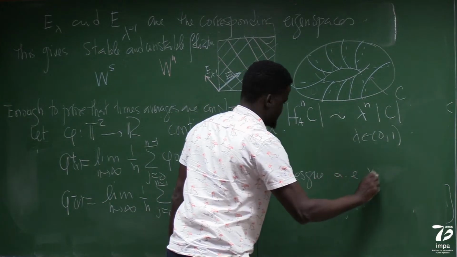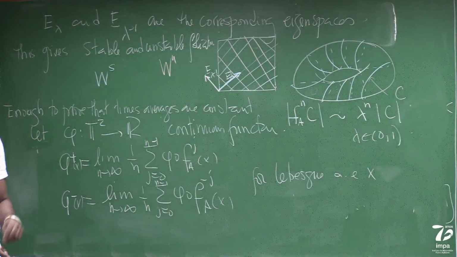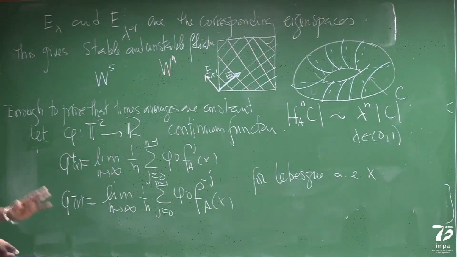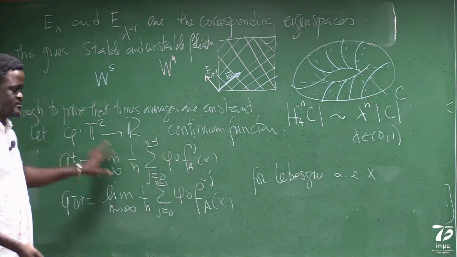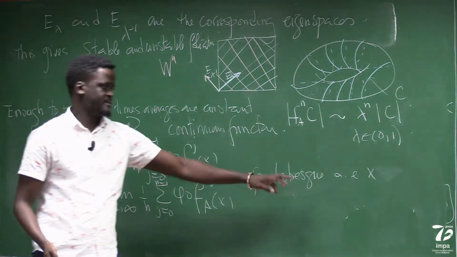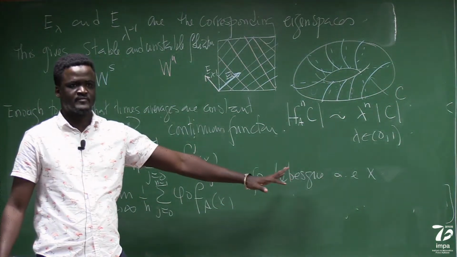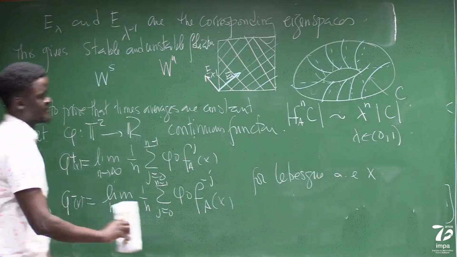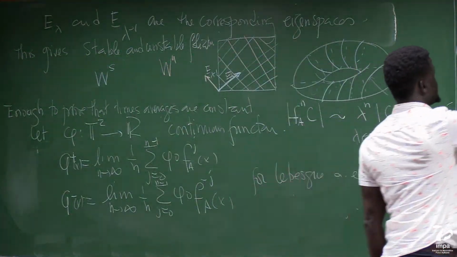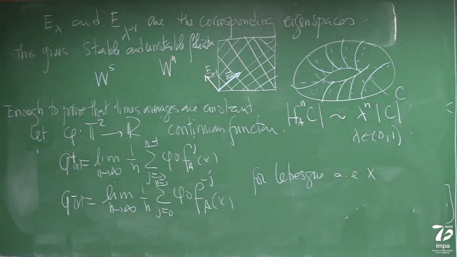I don't know if we have done this exercise, but we should have: if your dynamical system is invertible, these two functions coincide Lebesgue almost everywhere. But here, the main argument for why it is called Hopf is what I'm going to write here.